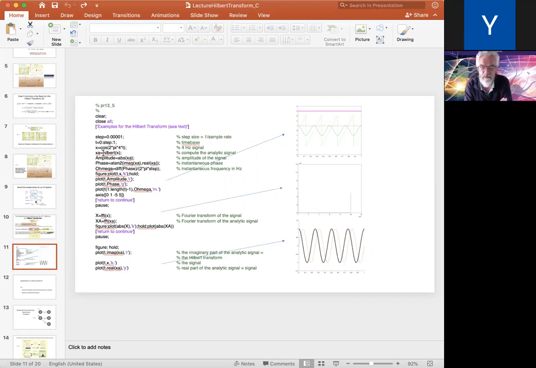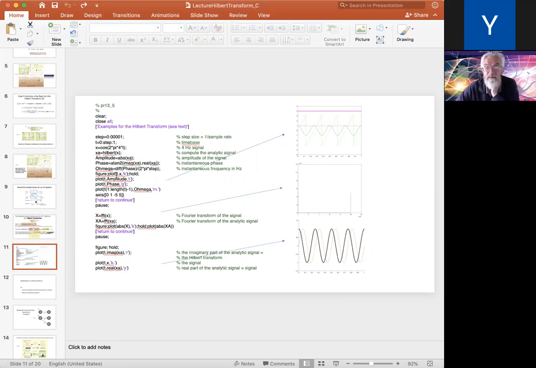So now we can use the equations that we defined. The instantaneous amplitude is the absolute value of the analytic signal. And for the phase, here you see what I was saying, we're using atan2 for the inverse tangent, and we take the imaginary and the real components of the analytic signal.